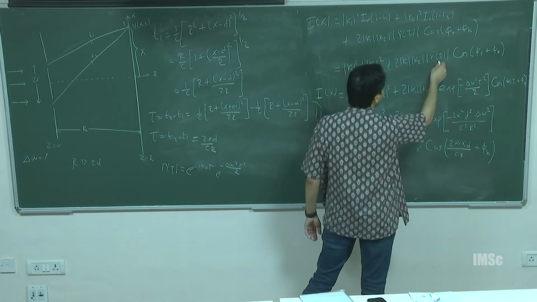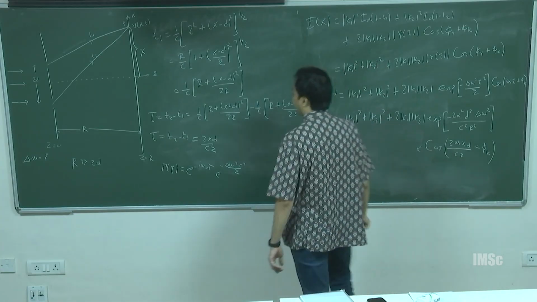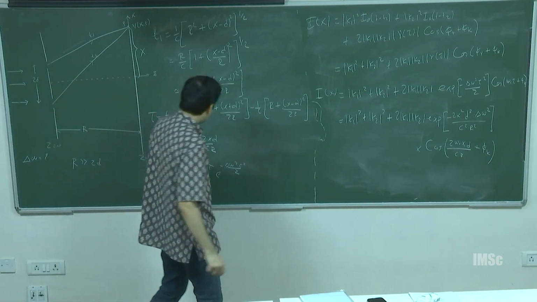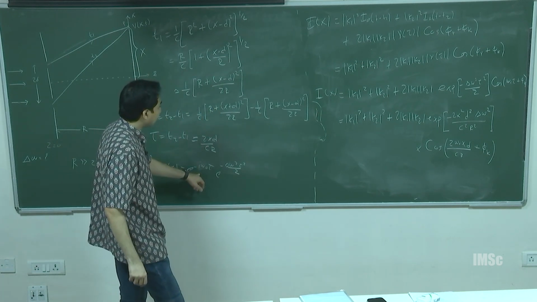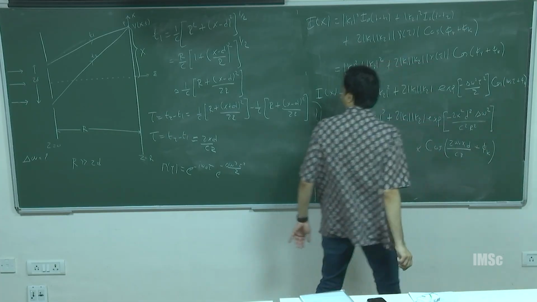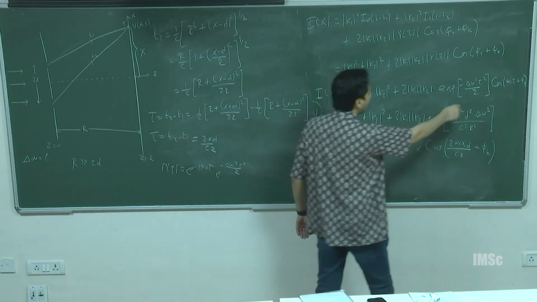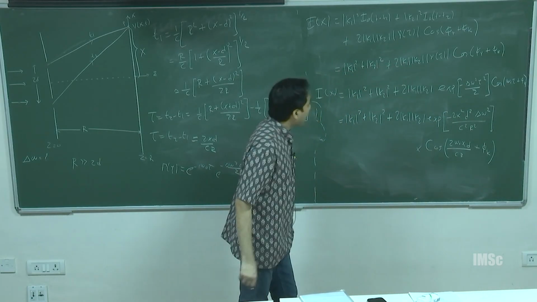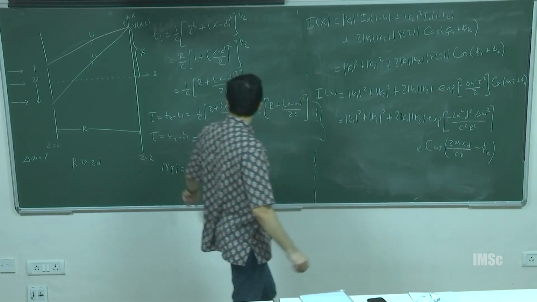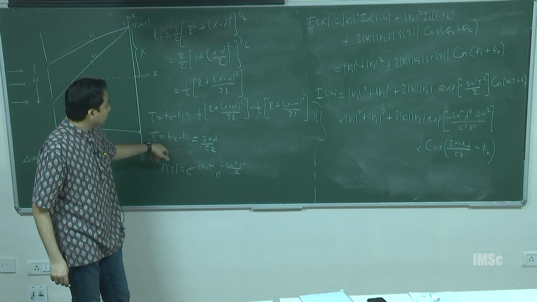Now we need to explicitly substitute for mod gamma of tau and phi gamma. We calculated gamma of tau, and the phase is given by omega naught tau. That's what we write here. And then mod gamma of tau is given by this Gaussian. That's what we put here. Still, we don't have any x dependence on the right hand side, and that comes by writing down the expression for tau explicitly in terms of x.